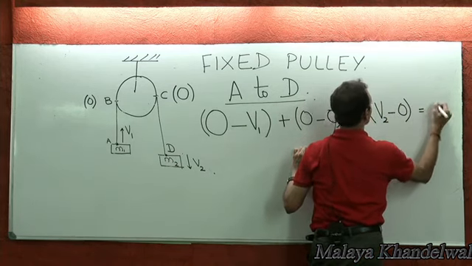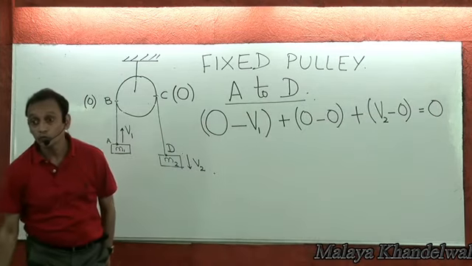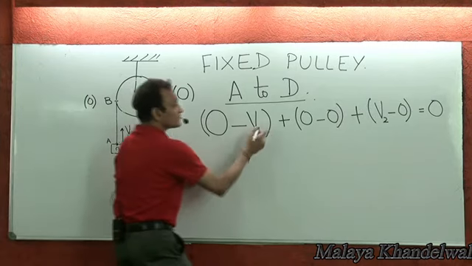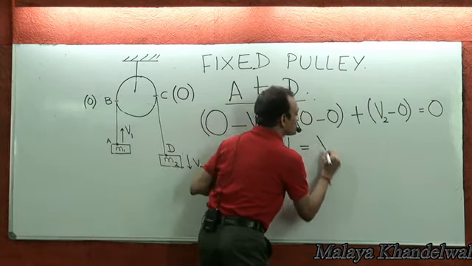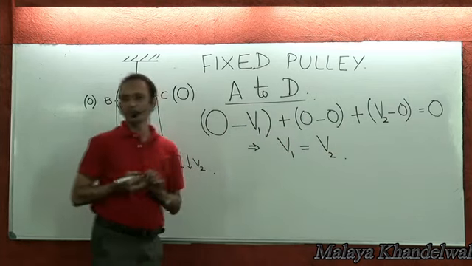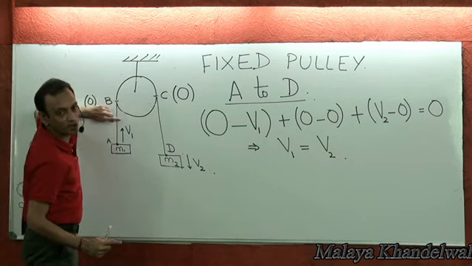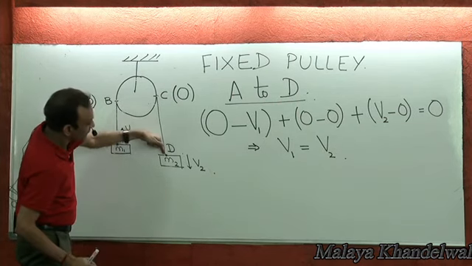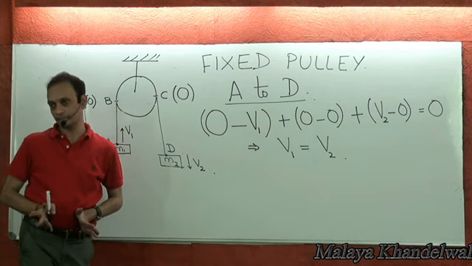That is 0. Yes or no? So this gives me very clearly V1 equal to V2. That means if this point has a velocity 5 meters per second upwards, then this point will have a velocity 5 meters per second downwards.